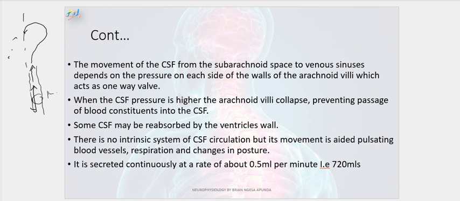All this movement will contribute to the movement of our CSF. So it is good to note that this is normally secreted continuously, as the rate of absorption also takes place continuously. And per minute, the body, or rather the choroid plexus, is likely to produce around 720 mLs of the CSF.